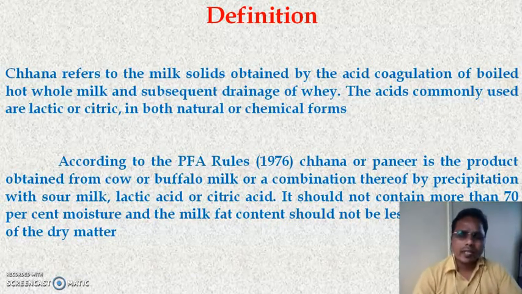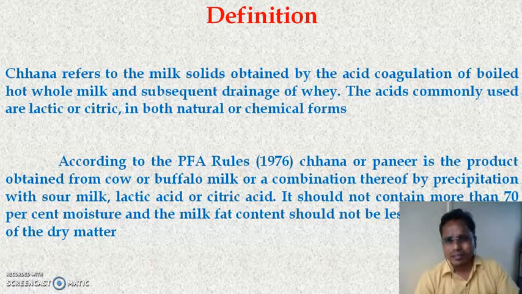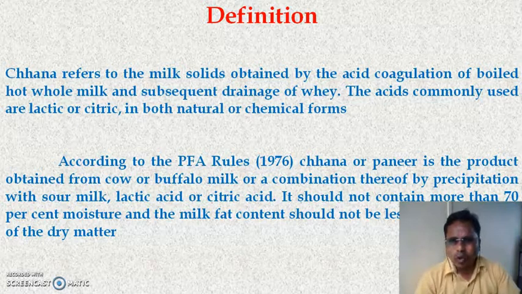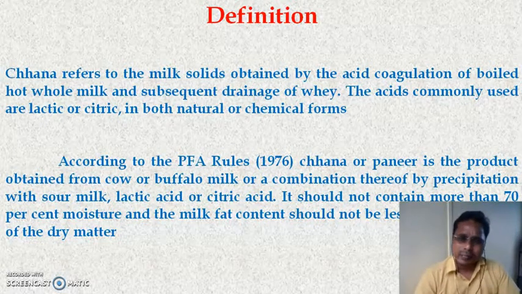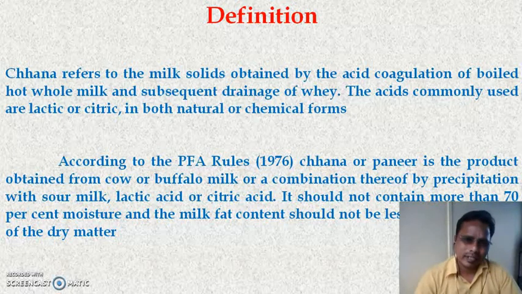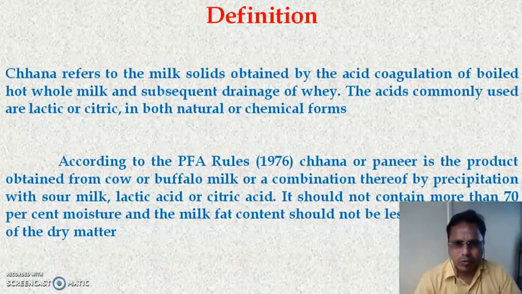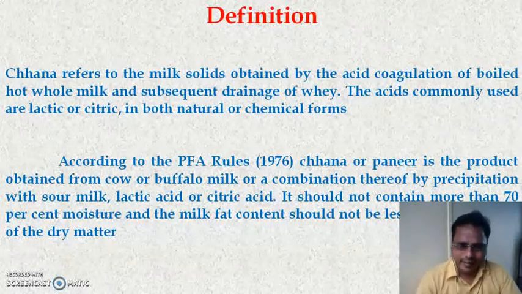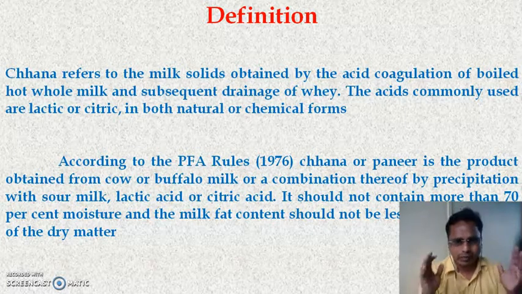As we said in the introductory part, channa is nothing but the acid coagulation of the boiled hot milk and subsequent drainage of the whey, and whatever the remaining portion is called the channa. And the commonly used acids are lactic acid and citric acid, both in natural or chemical form.